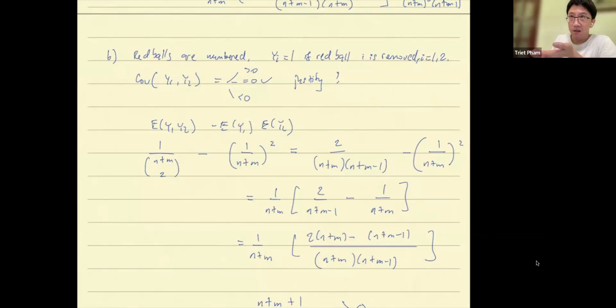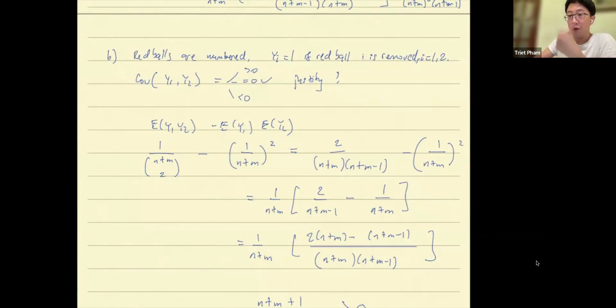But the difficulty with that interpretation is that if the first red ball is not picked, meaning it's a blue, so y1 decreases from 1 to 0, then it still seems like the chance of the second ball being picked will be higher, because either way you remove a ball out of the sample, and you don't affect how the second ball is being removed.